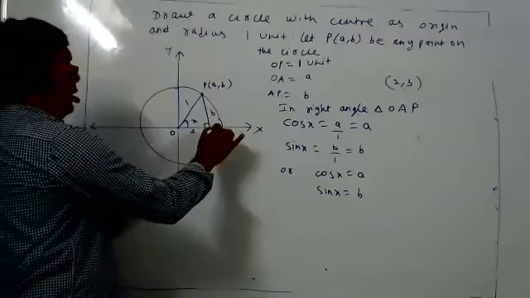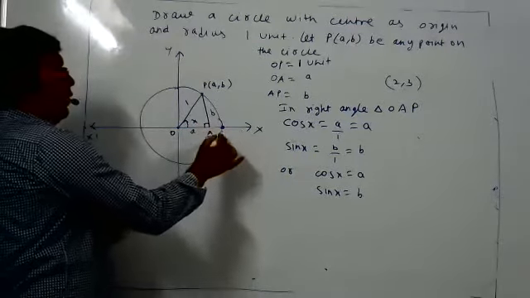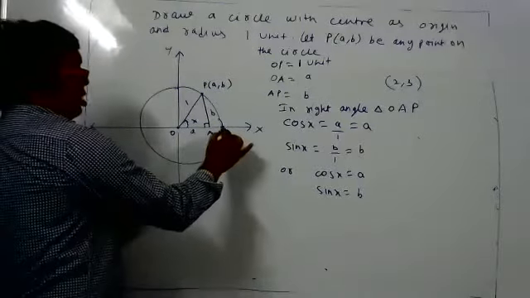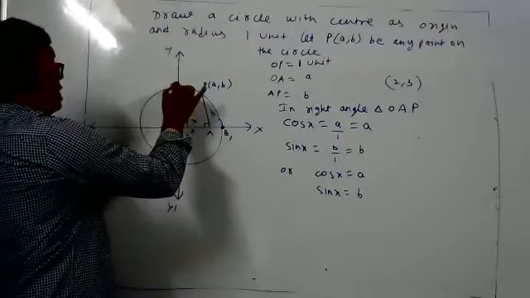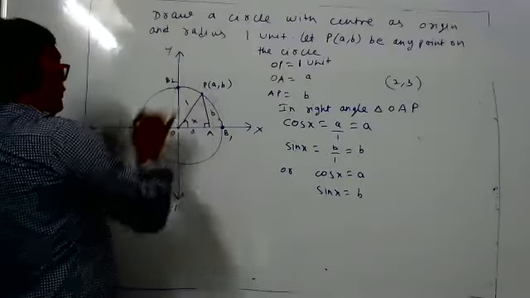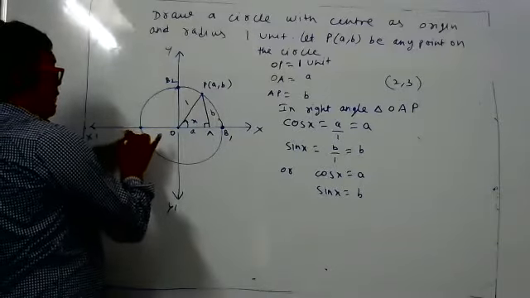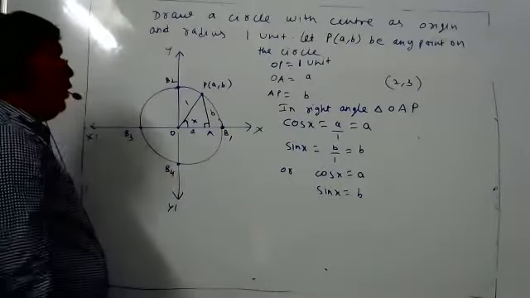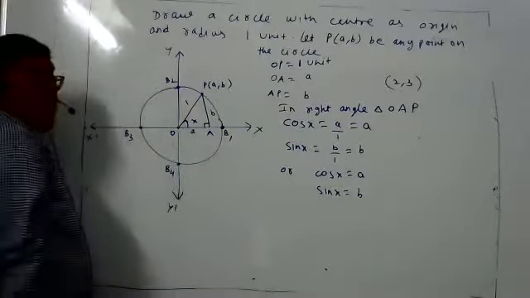Suppose this point is B1, this point is B2, this point is B3, this point is B4. Radius is 1 unit.